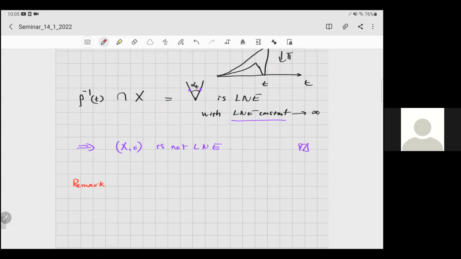you see my example is one with a non-isolated singularity. So it means the conjecture is still open for the isolated singularity case.